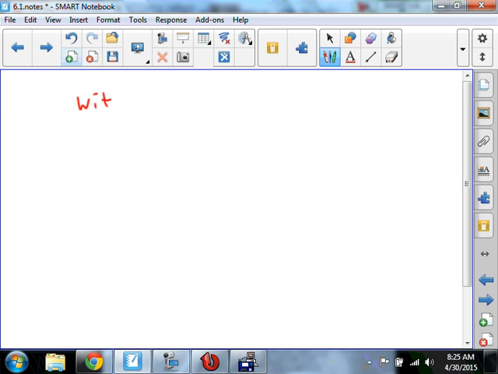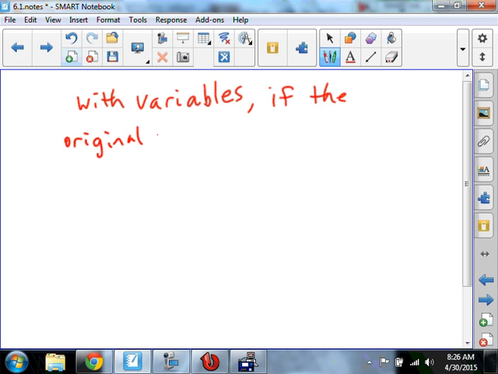With variables, if the original index is even, this is a really important part of this. You would be remiss to not put this in your notes. That's why I'm taking my time writing this down.